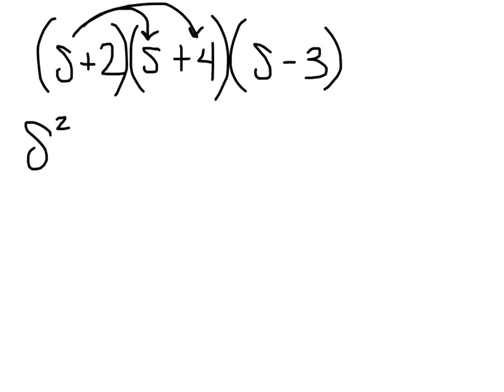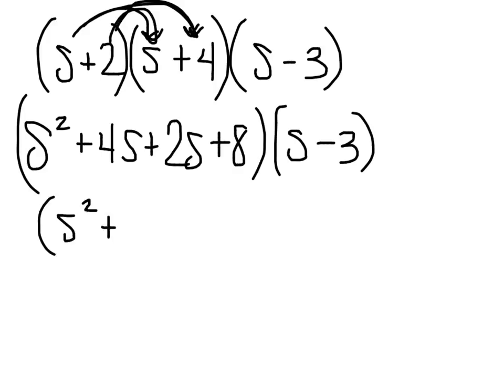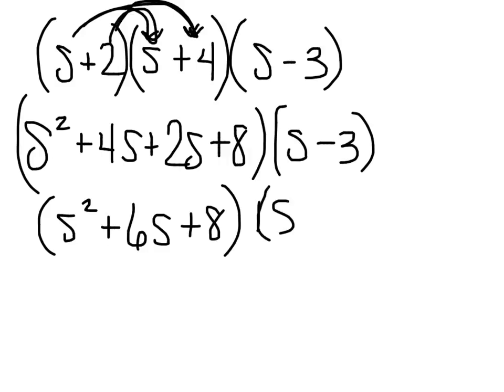What's S times 4? What's 2 times S? And what's 2 times 4? And when you combine like terms for that one, you get S squared plus 6S plus 8. And then now you have to times it by S minus 3.